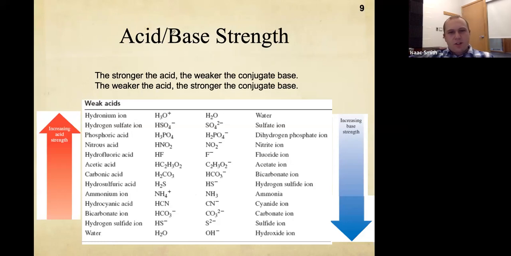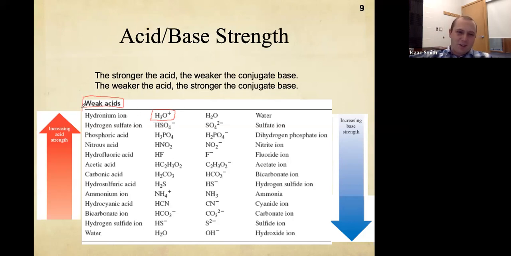But one thing I wanted to show is that acid and base strength are inverted basically from one another. Don't know if that's the best word, but for example, let's look at the hydronium ion, which is H3O+. This is increasing acid strength, so this is a pretty strong weak acid. This is a table of weak acids. None of these are on the strong acid list. But as far as weak acids go, hydronium ion is a pretty strong weak acid.